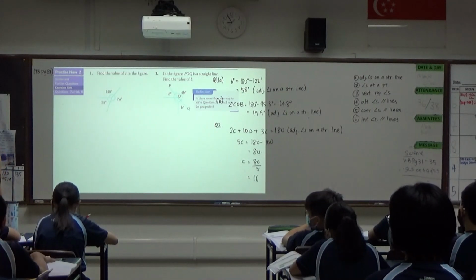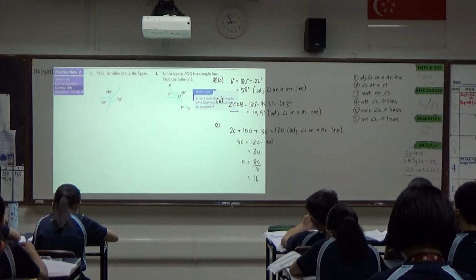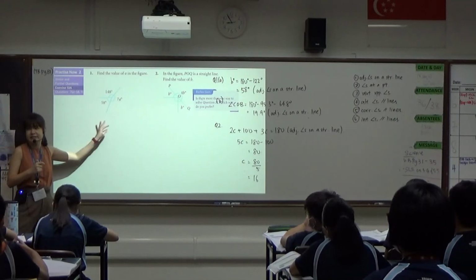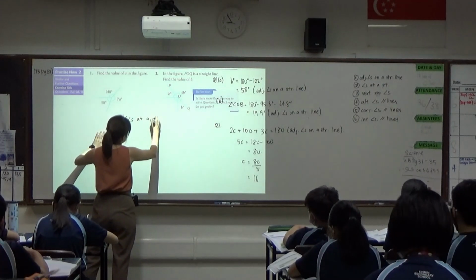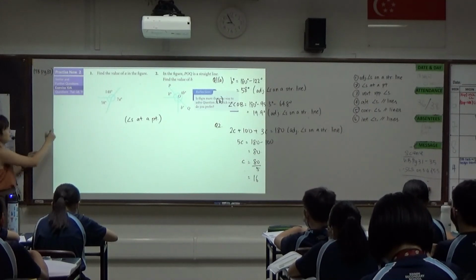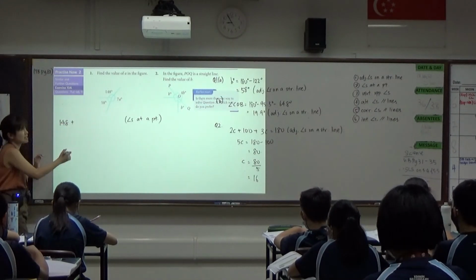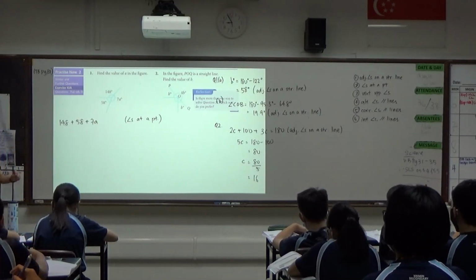Angles at a point here. 148 plus 58 plus 7a equals to 360.